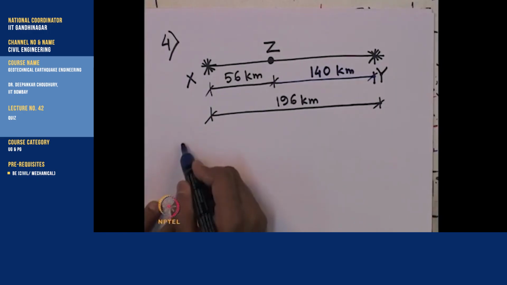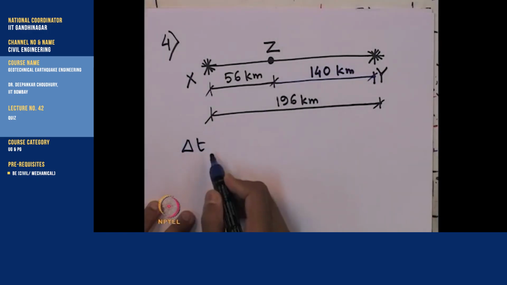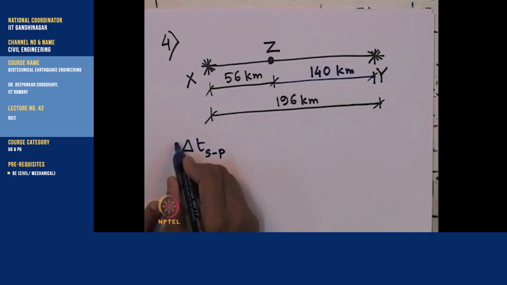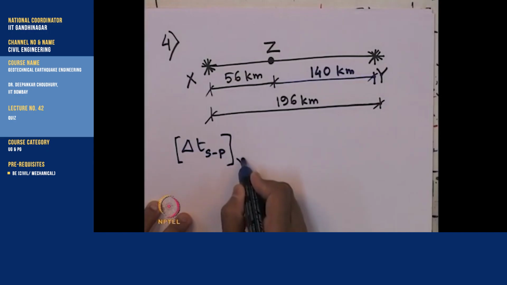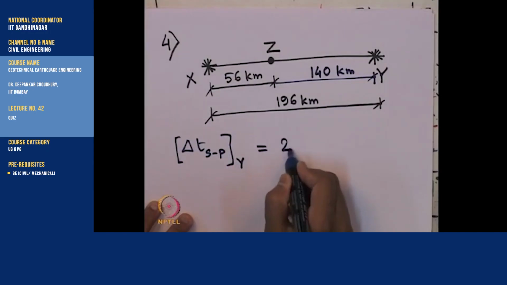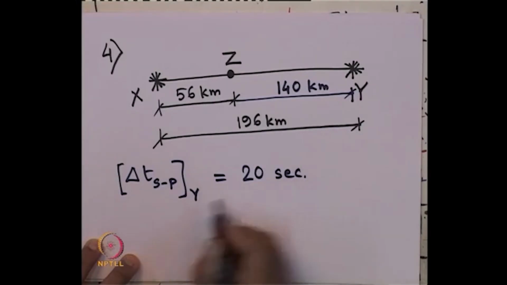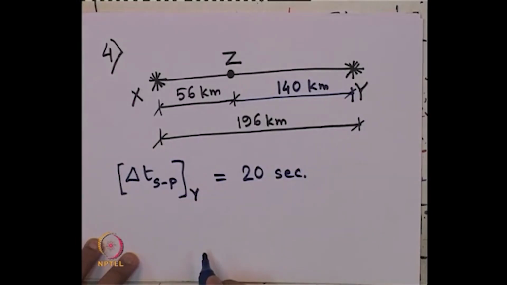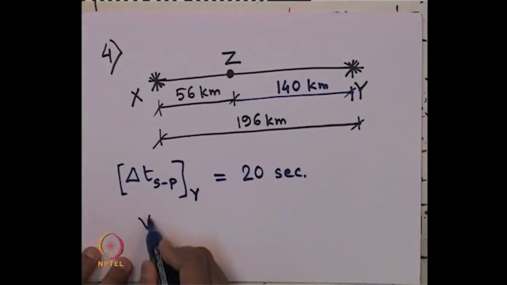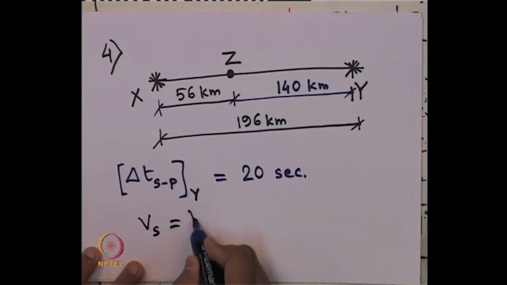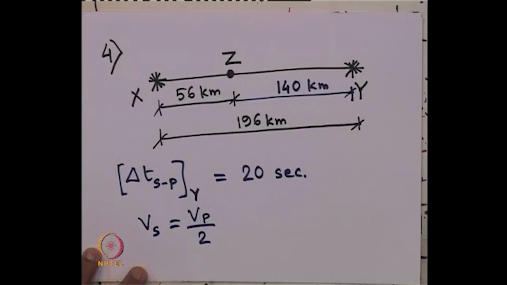Now, what is given to us? The delta t between the S and P wave at station Y is 20 seconds, that is given. Another thing is given, that Vs equals Vp by 2, that is, shear wave velocity is half of primary wave velocity.